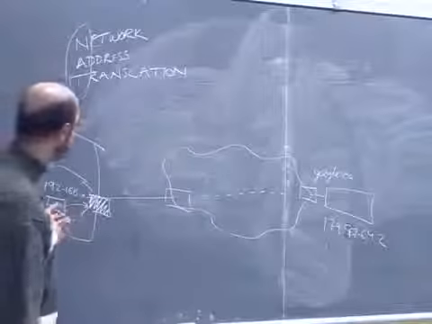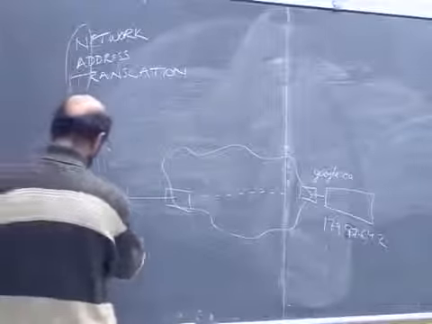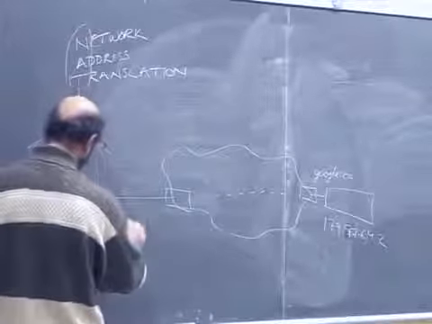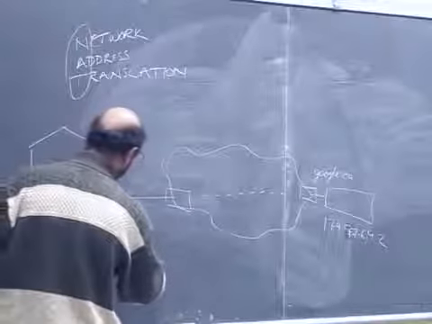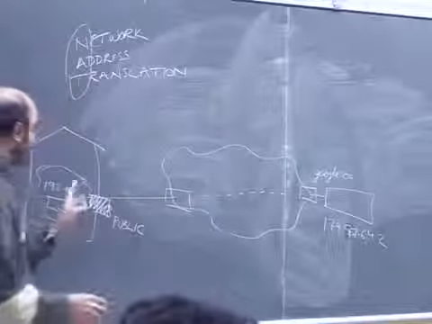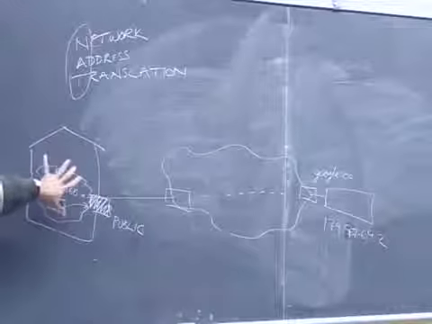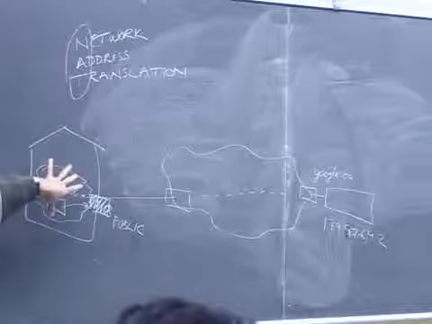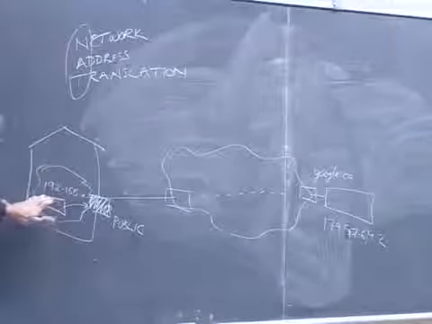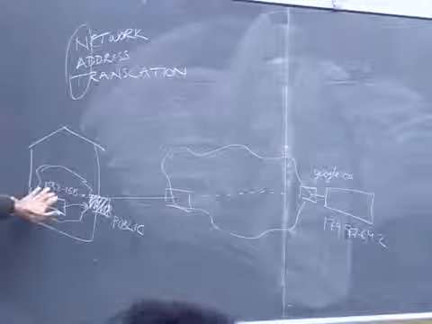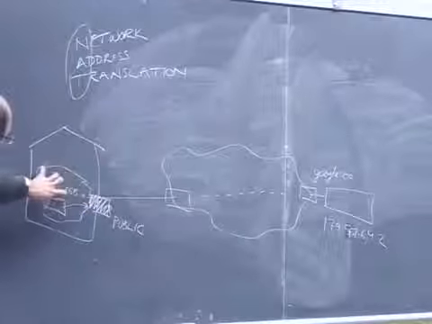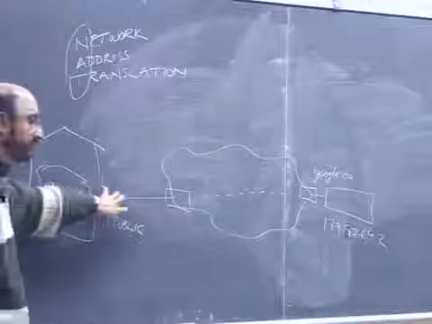So what we do instead is this. This router over here has one public address that is shared by everybody inside this space. So when this message is sent, you take this private address and you give it to this node over here.